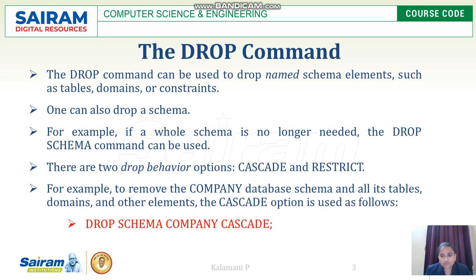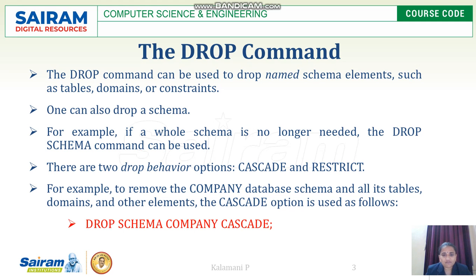Any schema element, like a table, or the attributes in a table, or constraints or domain constraints, we can drop. We can drop an entire schema, the complete database schema itself, or a particular table, or a particular attribute or constraint in a table, and so on. Everything we can do with the help of the drop command.